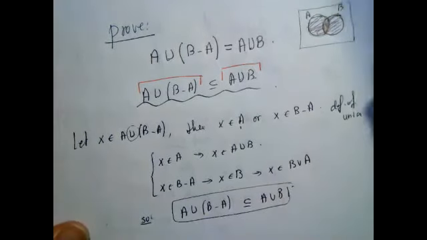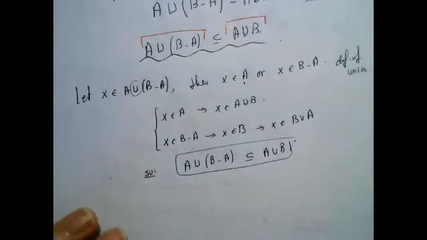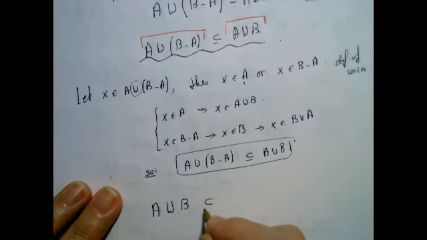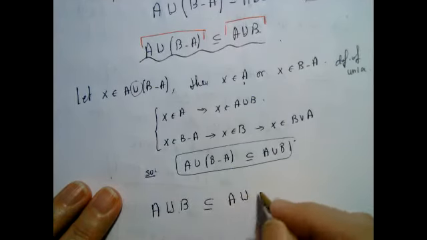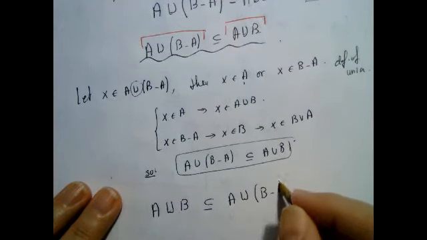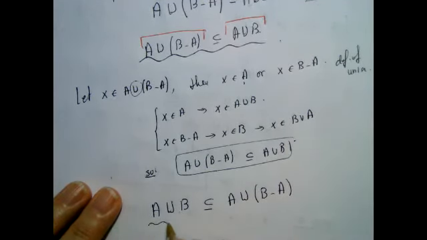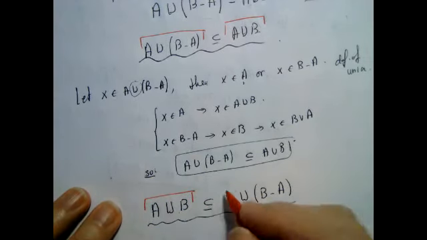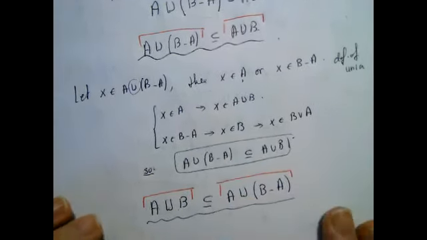Now the other one. That's the one that we have to think a little bit more about. Now you have to convince me that A union B is a subset of that. You have to convince me that any element in here is in here.